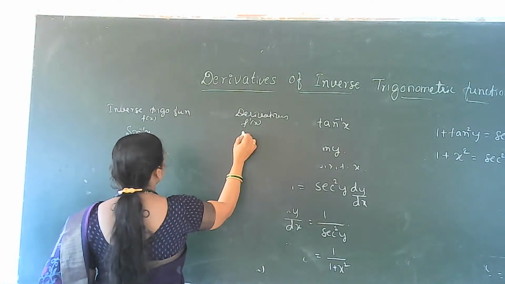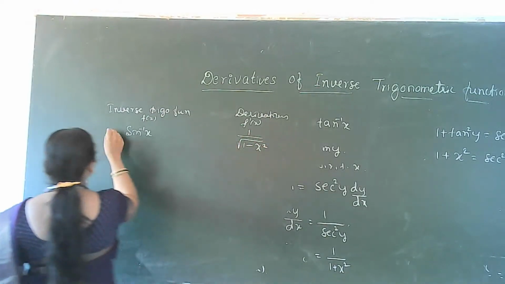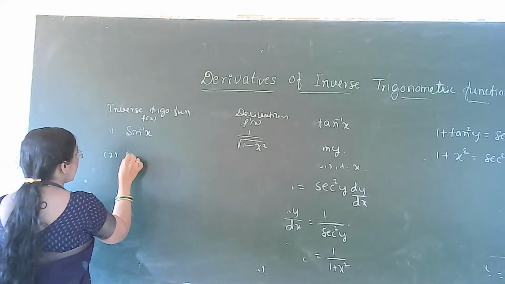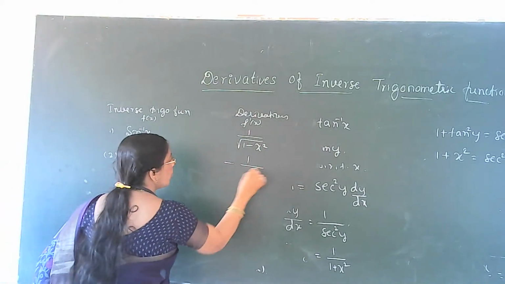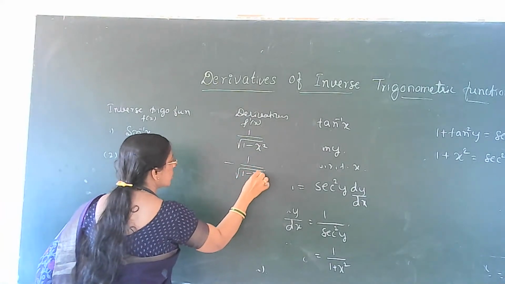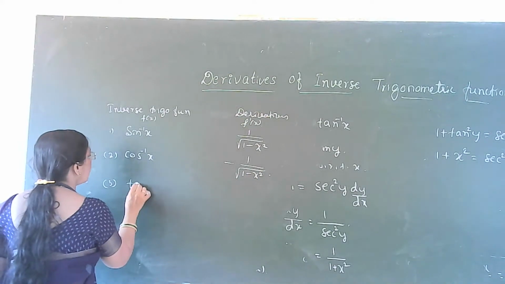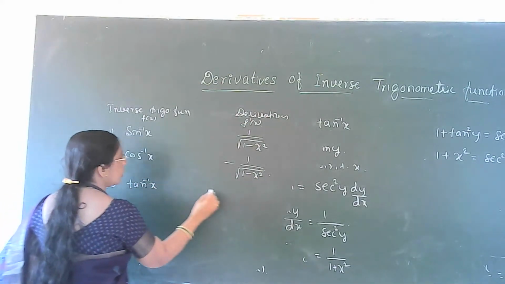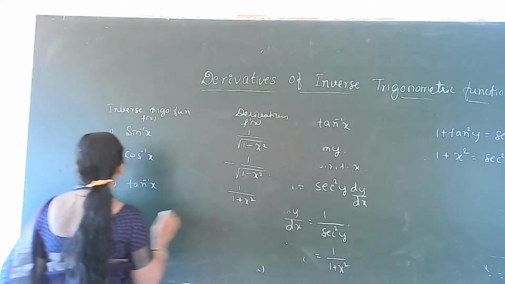Derivative of sin inverse x is 1 by square root of 1 minus x square. Then derivative of cos inverse x is minus 1 by square root of 1 minus x square. Third one, tan inverse x is equal to 1 by 1 plus x square.